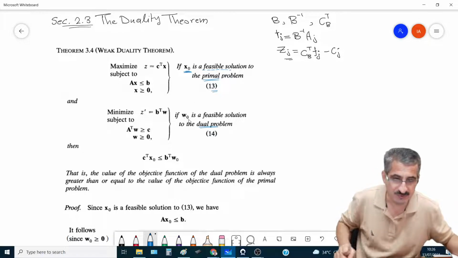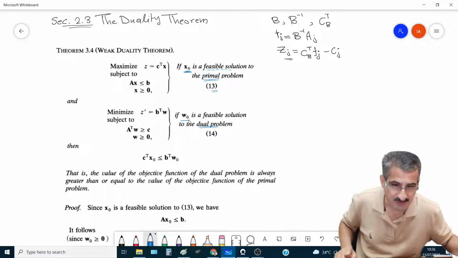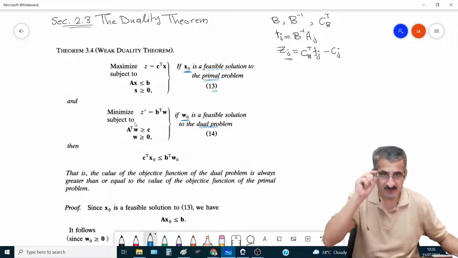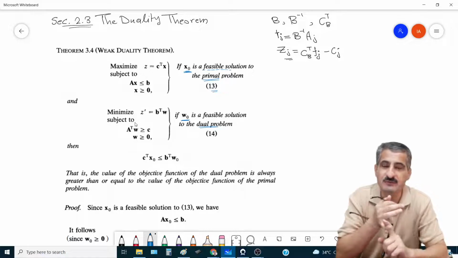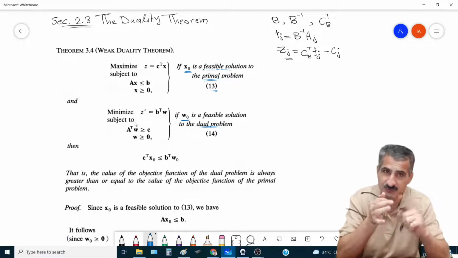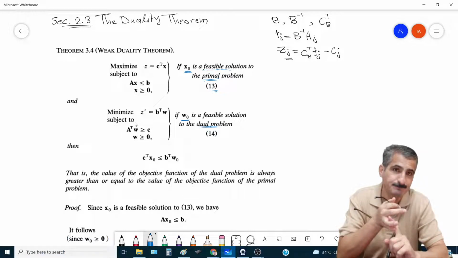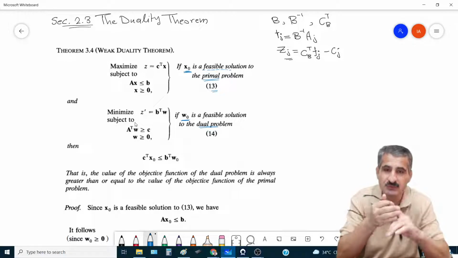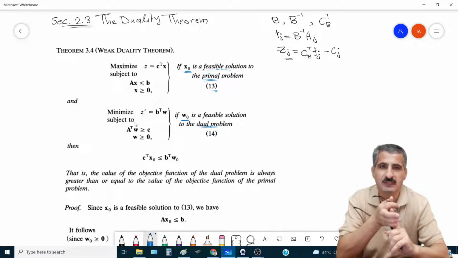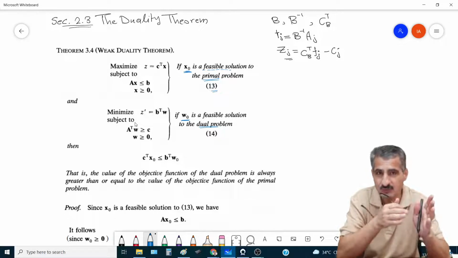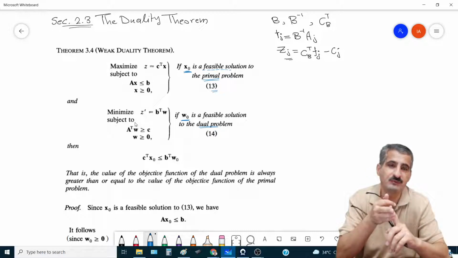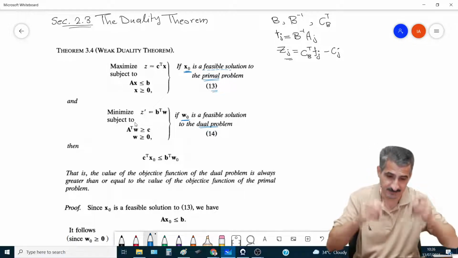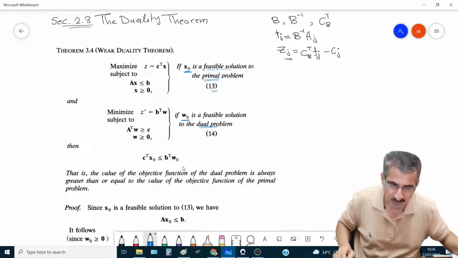And we introduce a W, so W naught is a solution for the dual problem. Now, we are assuming that we have a solution for the primal problem, which is x naught, and W naught, a solution of the dual problem. Then, this is what we conclude.